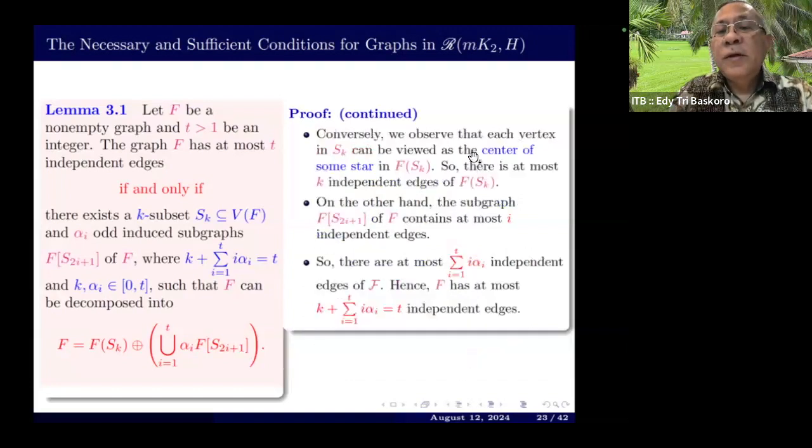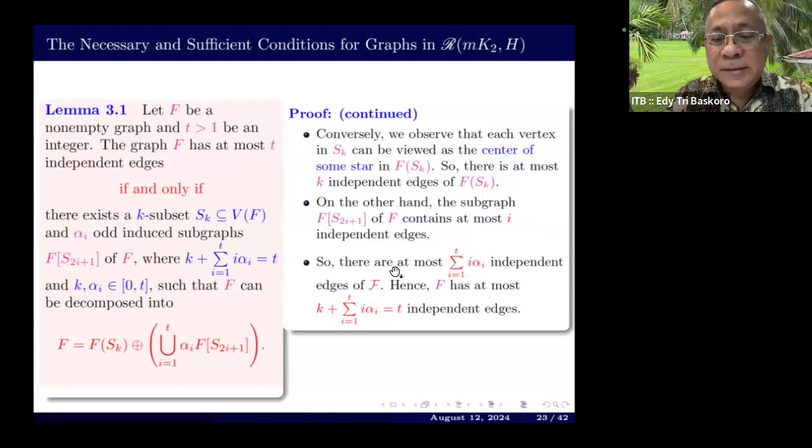Conversely, we observe that each vertex in S_K can be viewed as the center of some star in F[S_K]. So there are at most K independent edges in the induced subgraph by S_K. On the other hand, the subgraph induced by the outside set of F contains at most I independent edges.